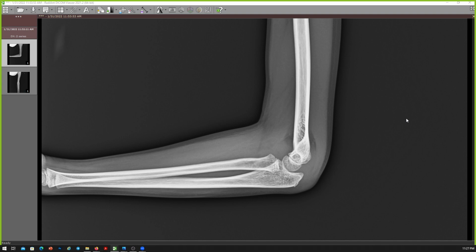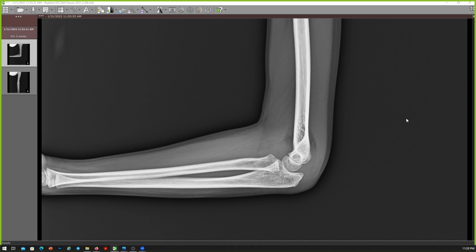Actually, I cannot appreciate any definite lucent line on this view. So in my routine practice, I would like to check the other view, the frontal view, for any fracture line.